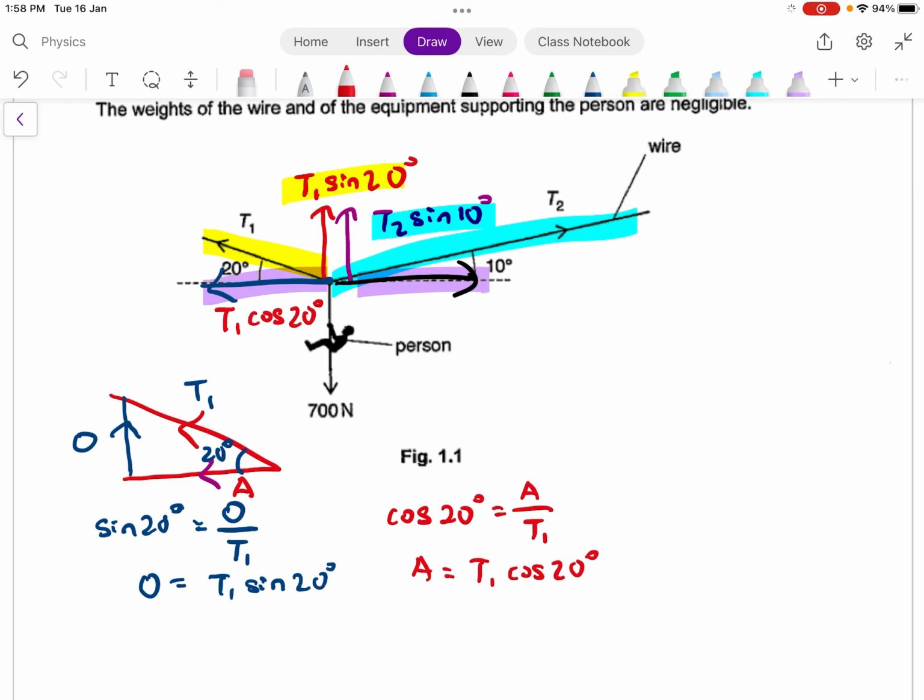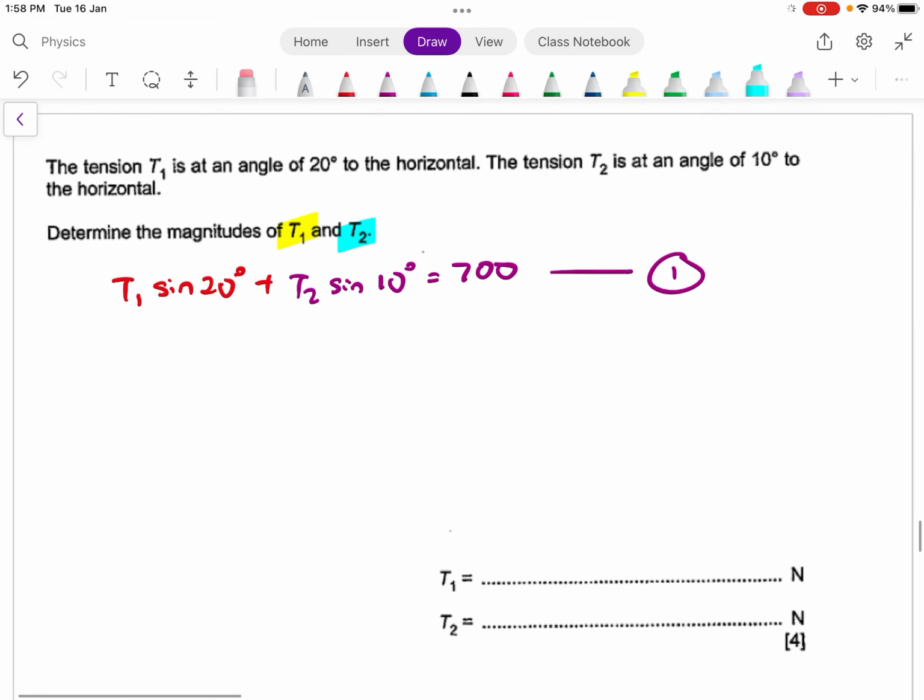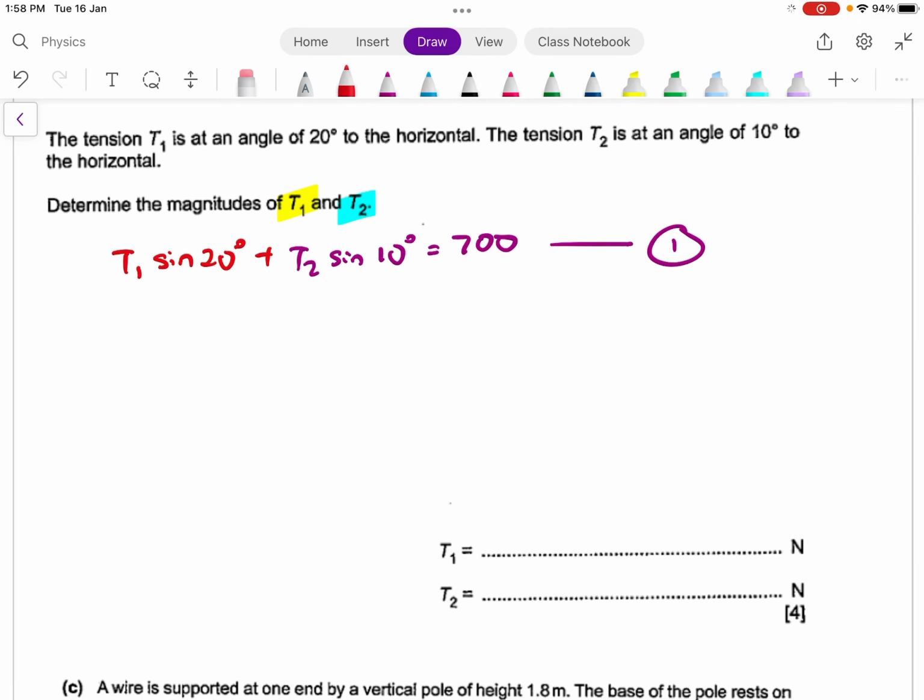Then what about T2? The horizontal component of T2 is T2 cosine 10 degrees. This thing and this thing must be equal. So that will be the second equation: T1 cosine 20 is equal to T2 cosine 10 degrees.